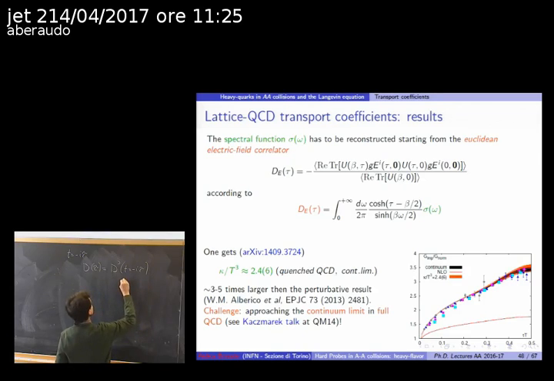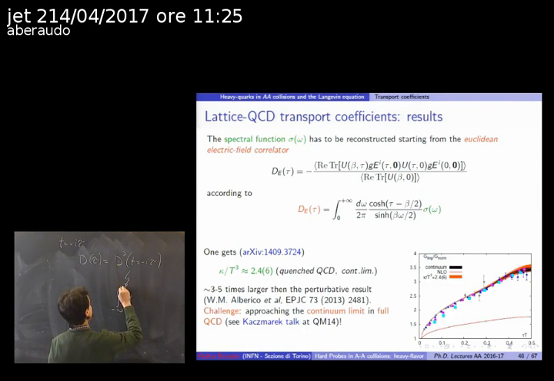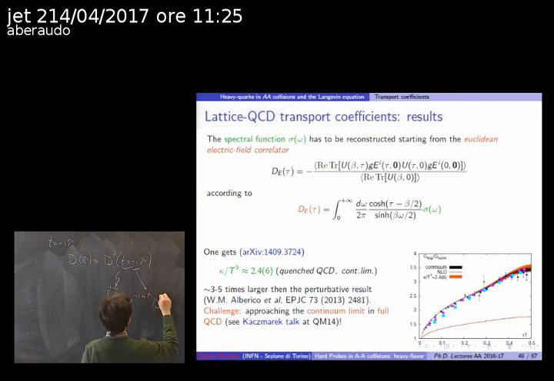Now this D greater comes from the integral d omega over 2 pi from minus infinity to plus infinity, e to the minus i omega t, but where now t is equal to minus i tau, times D greater of omega.